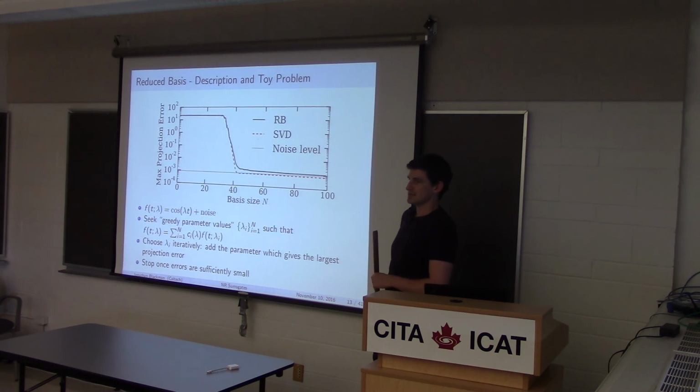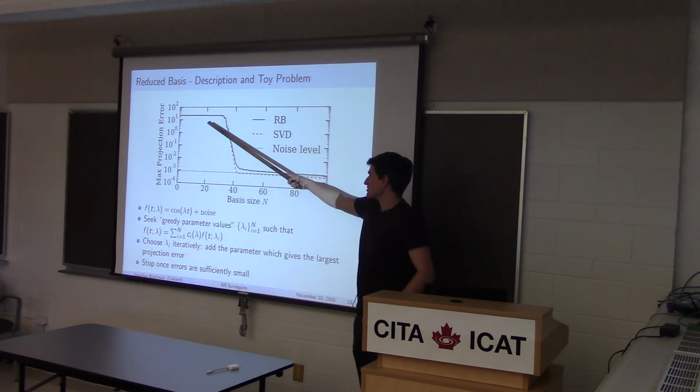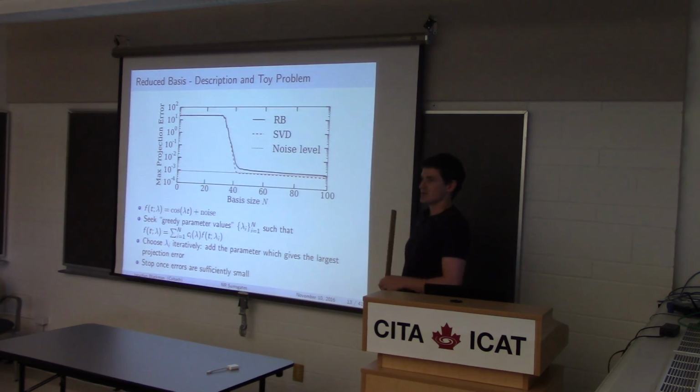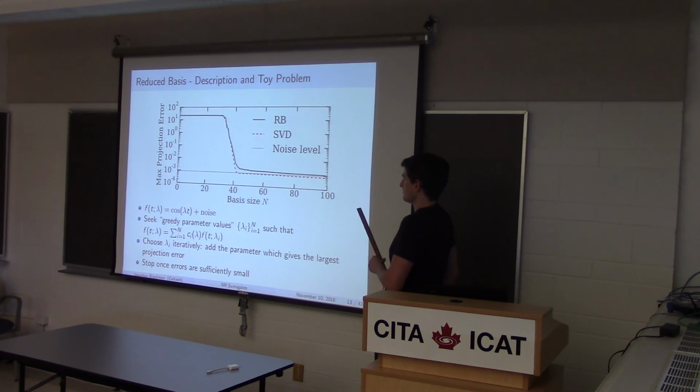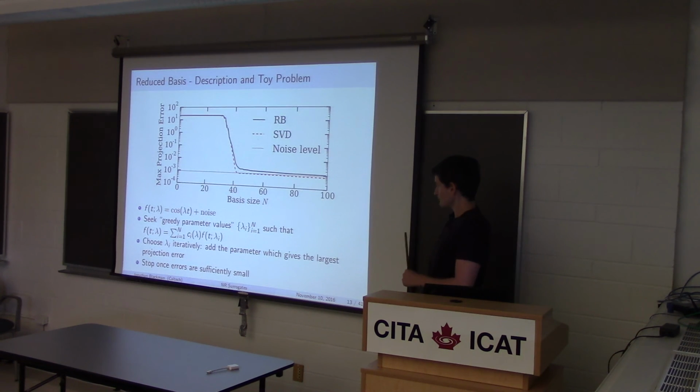So the black curve is this reduced basis method I described. We start off with very large projection errors, but at some point we reach a saturation point where we start resolving the underlying structure of all our solutions, at which point the error decays exponentially until it reaches the error floor.